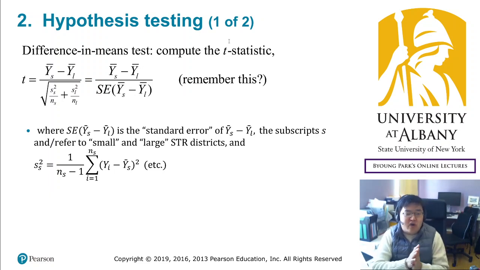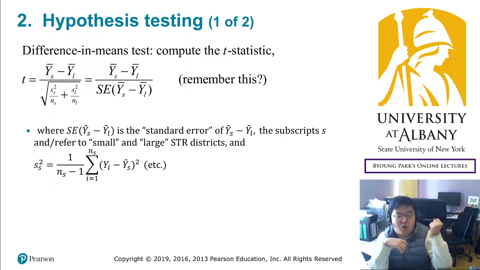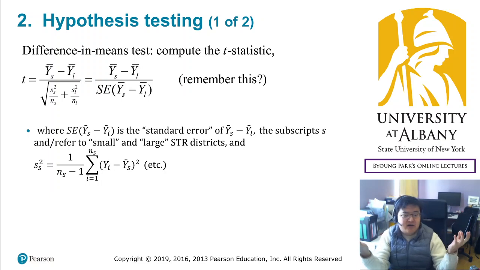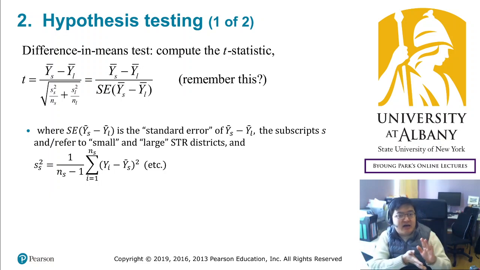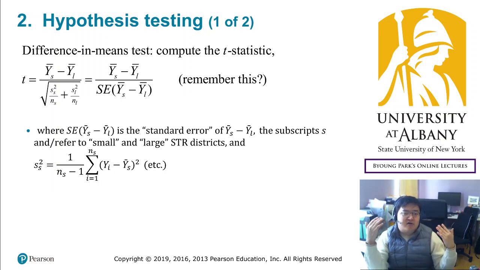So you have the difference between what you observe from the data and what you believe in the hypothesis, and that is standardized by the standard error. That is the t-statistic. We do the same thing. On top, we have the observed difference, and it is standardized by the standard error of itself, right?